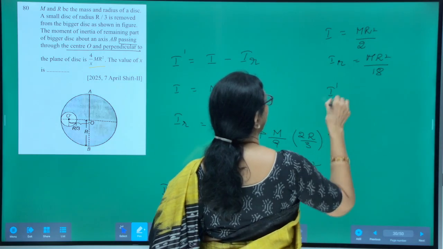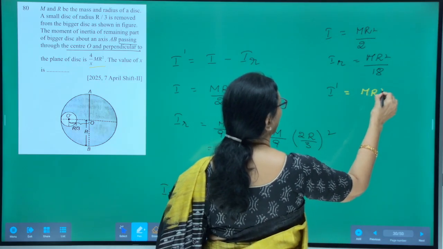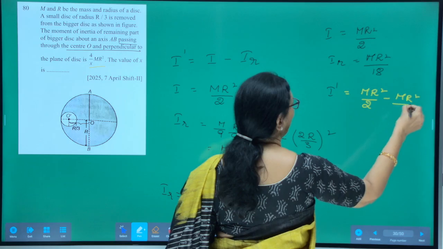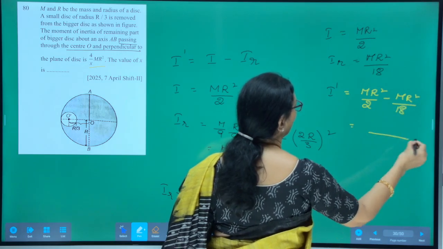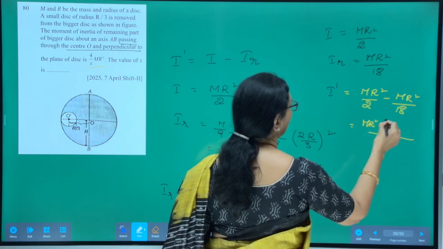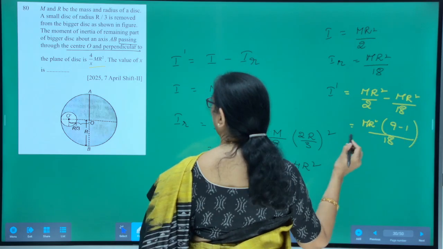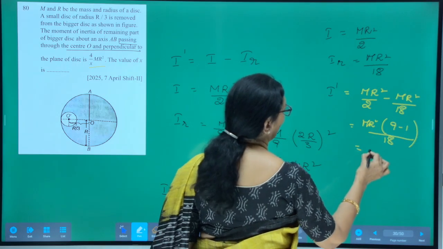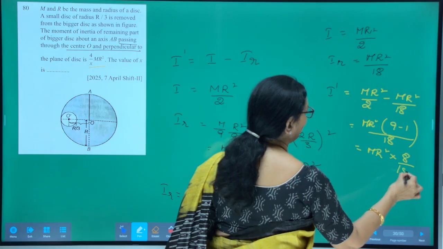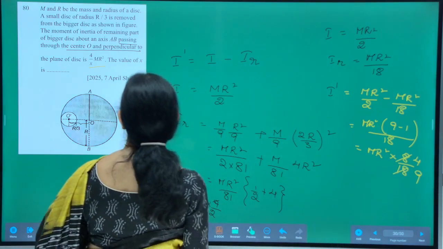So moment of inertia of the remaining is I minus mr square by 18. So if you take 18 as LCM, mr square as a common factor, 9 minus 1, it is 8 by 18. Mr square into 8 by 18. This becomes 4 by 9, right?